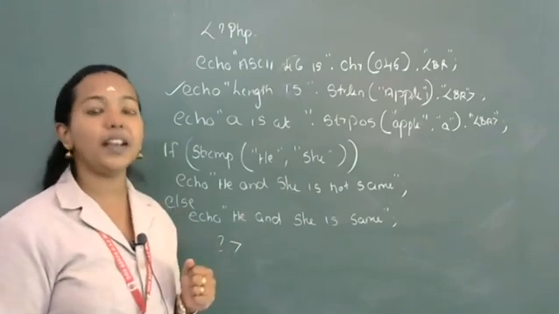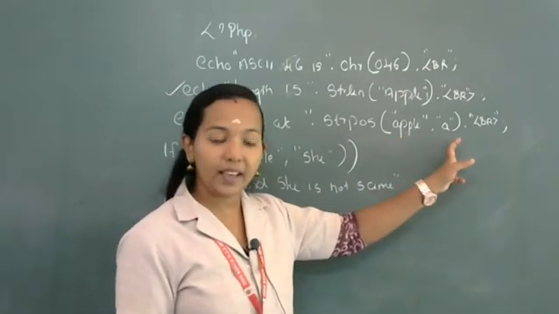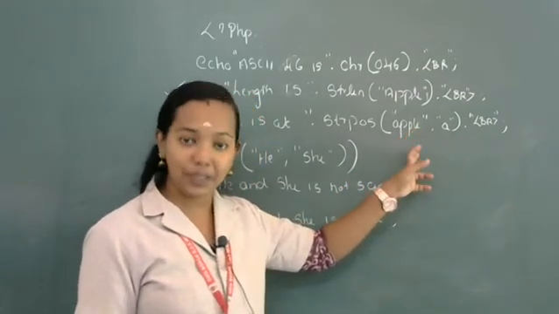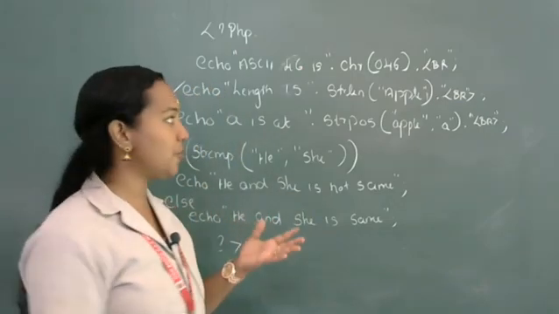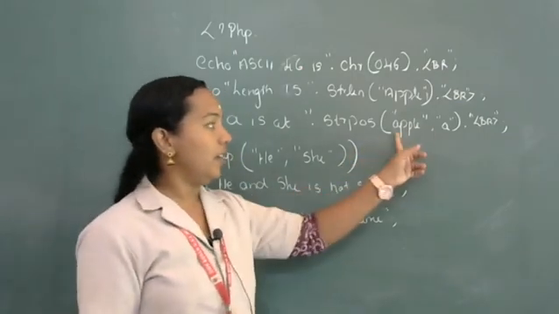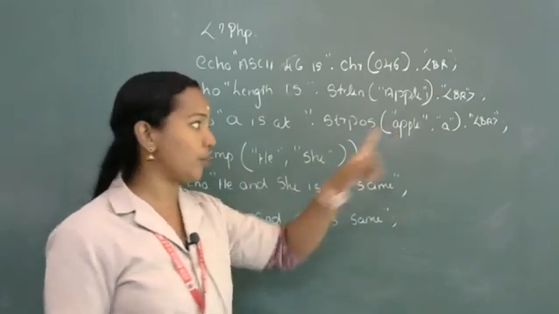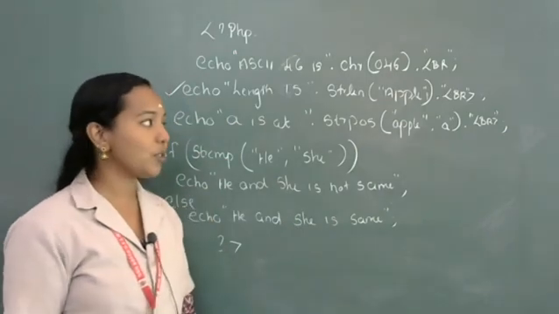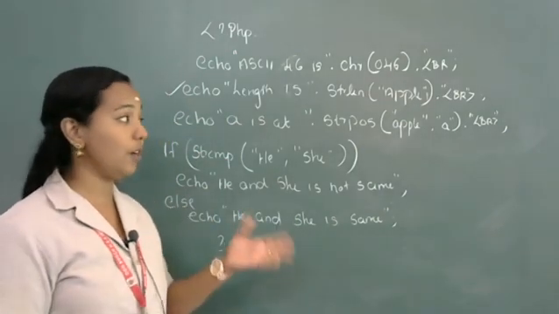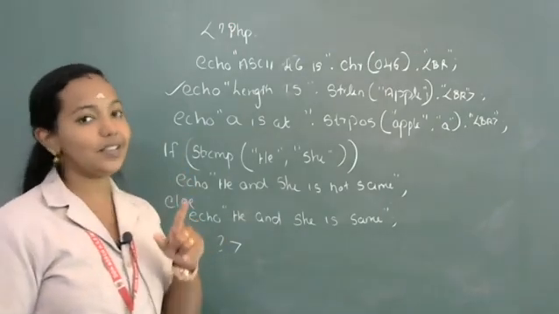We are going to find out the position in the string apple of a. Always array index starts with 0. So a is present at the 0th location. So where is the position of a in apple? First location, and the first location we use 0.